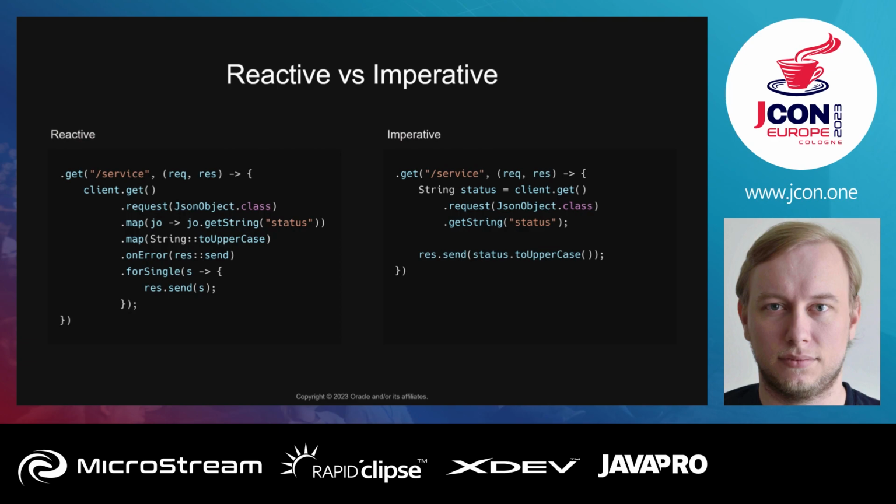These two lines are actually executed by the server thread, and then the server thread returns to the thread pool, or event loop in terms of Netty, to be reused by some other request. And those mapping operations you can see there are actually executed by the client thread once the client handles the response.